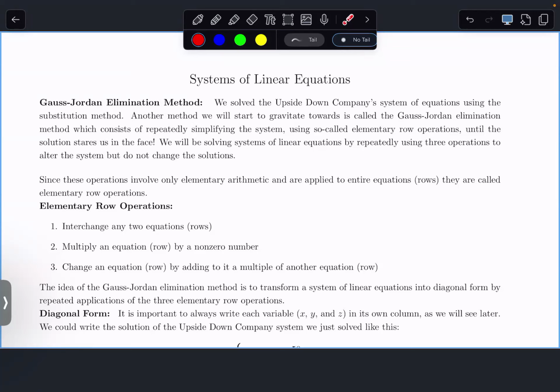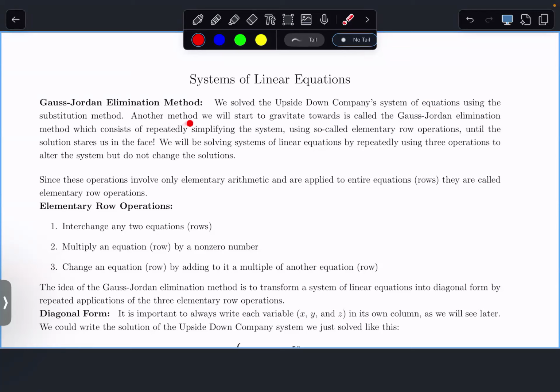Okay. So today we're going to talk about what's called the Gauss-Jordan elimination method. And so we solved the previous system of equations. When I have just 3 equations like that, and they're all related to the same system, we call it a system of equations. And so we solved it using the substitution method.